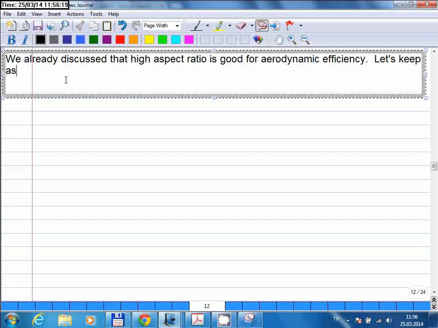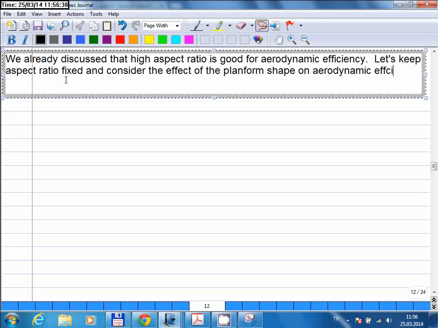So let's keep aspect ratio fixed and consider the effect of the planform shape. The planform shape on aerodynamic efficiency.